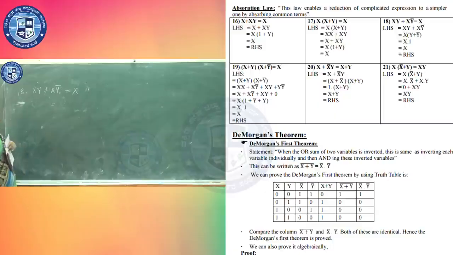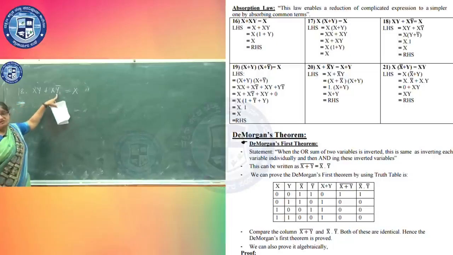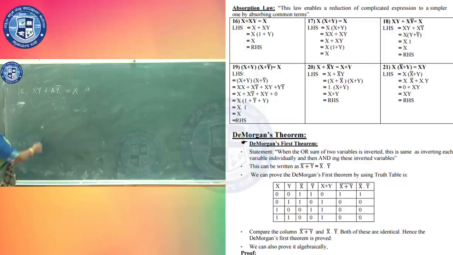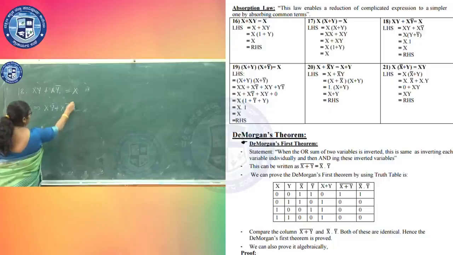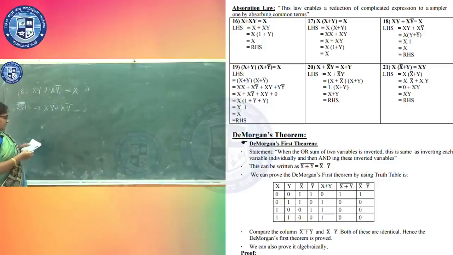Next, see, xy plus xy dash is equal to x. Here we have used a complementary function. We have to solve this expression so that we get the answer to be x. Let us take the LHS, xy plus xy dash. I can see the common term x over there.